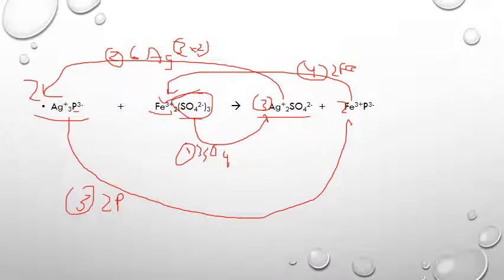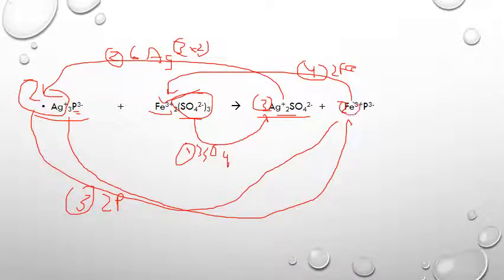Alright, so start out with my sulfates, fix them, put a 3 over here. Now I need to have 6 silvers, put a 2 in front of here. Now I have 2 phosphides, so I come over here and put a 2, and then I check my silvers and I have 2. There you go. So that's how I get my answer. So it's 2, 1, 3, 2.